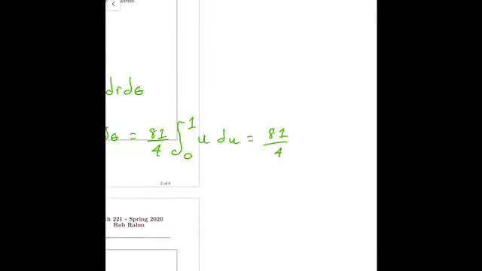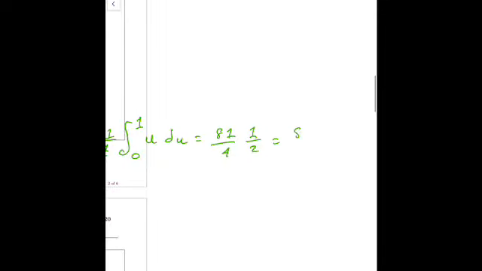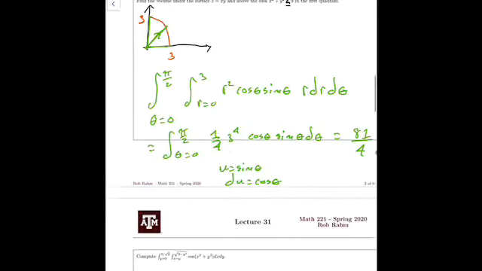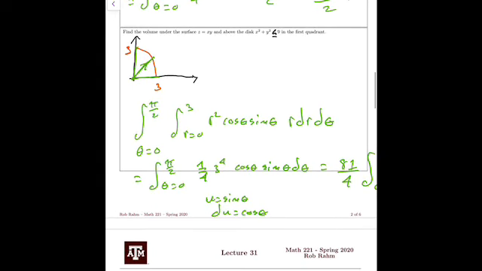And so this is 81 divided by 4 times 1/2. This is equal to 81 over 8. So the new thing in this integral is that theta didn't go from 0 to 2 pi, theta went from 0 to pi over 2.